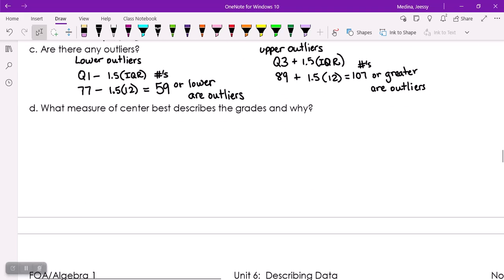Now, what measure of center best describes the grades and why? What are the two measures of center? Look at the table at the top of the paper. Deanna, what are the two measures of center?